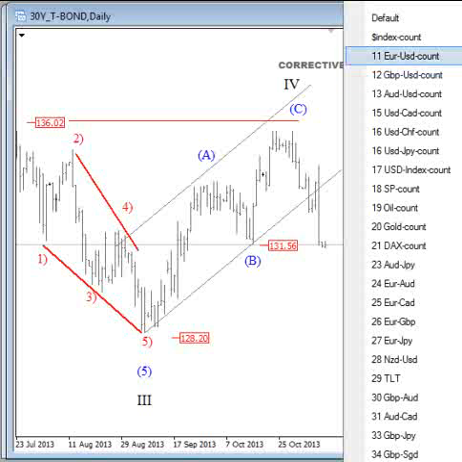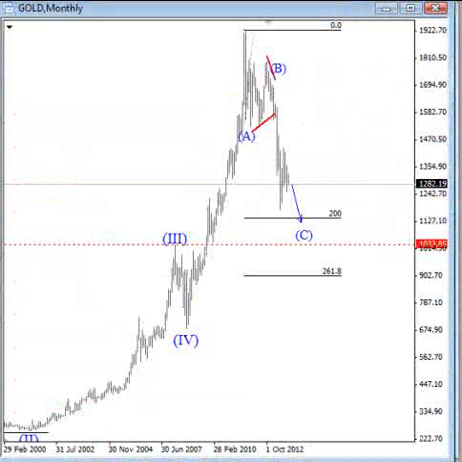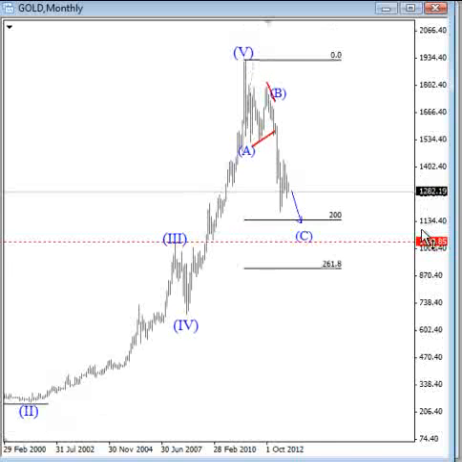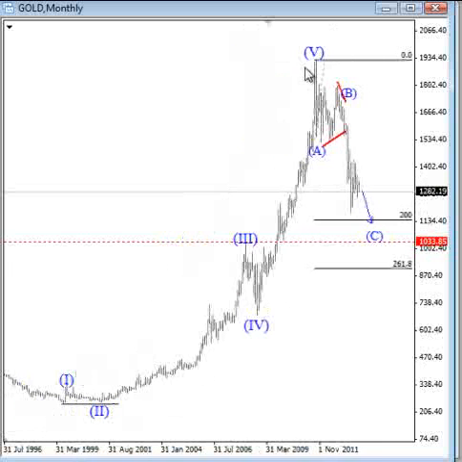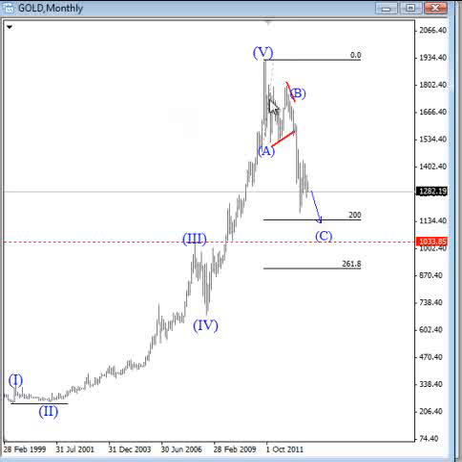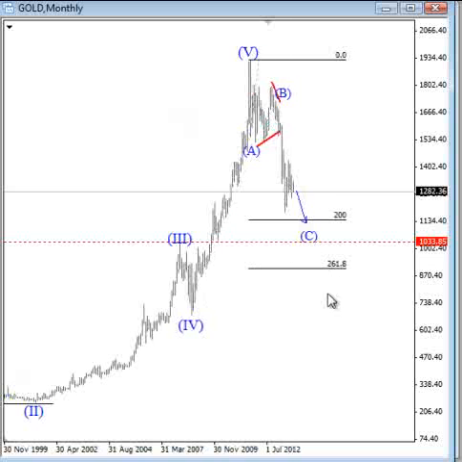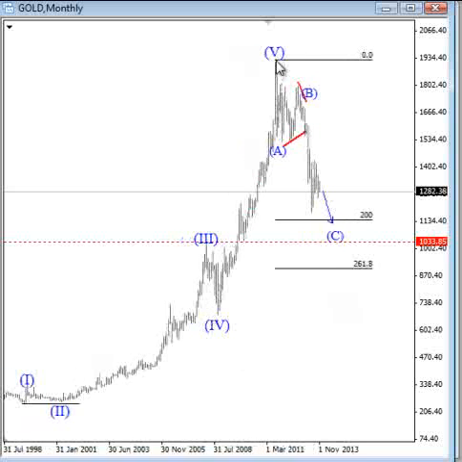And now let's take a look also on gold. On the gold monthly chart, we identified the end of a 5-wave rally here, and now we are focused on a 3-wave decline in a corrective price action. You can see here an extended 5th wave.